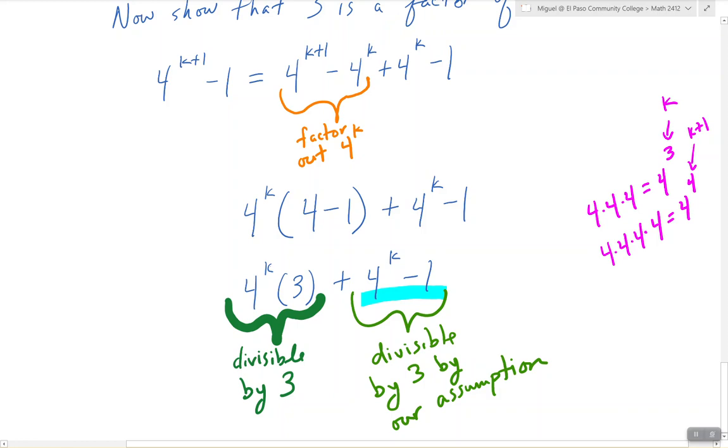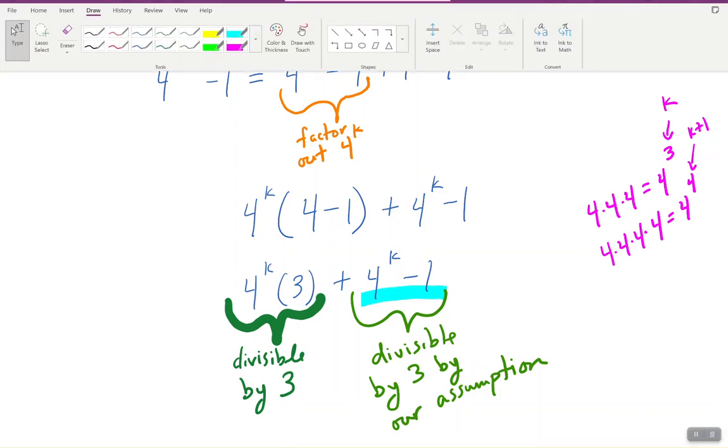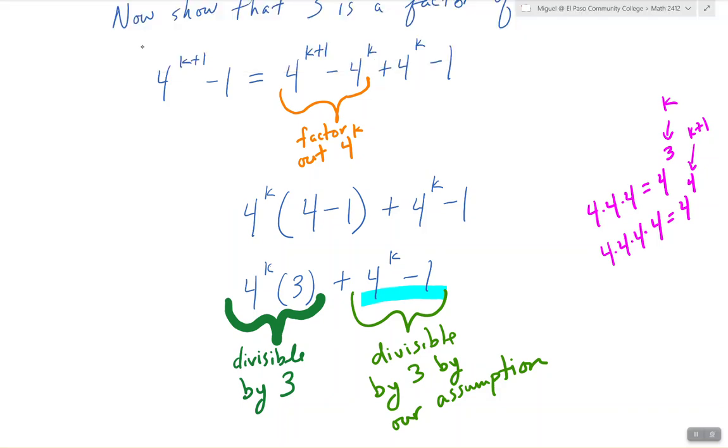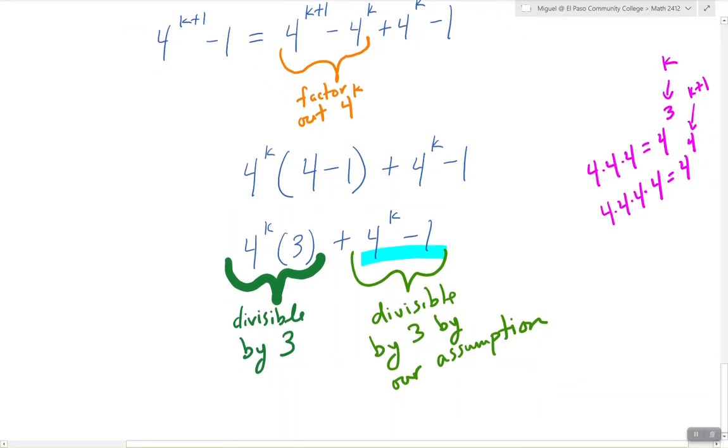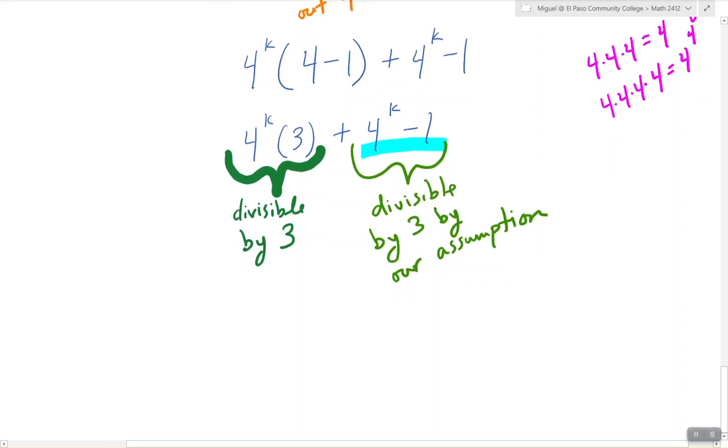All right. Let's try example 4. This one has an inequality in it.